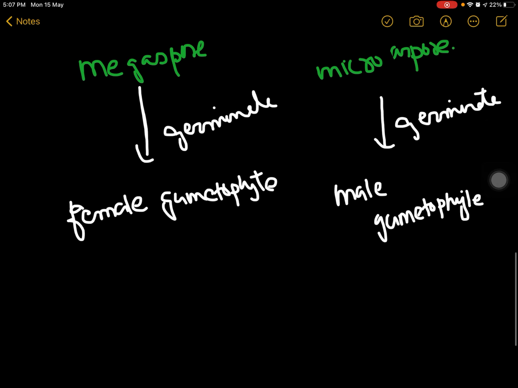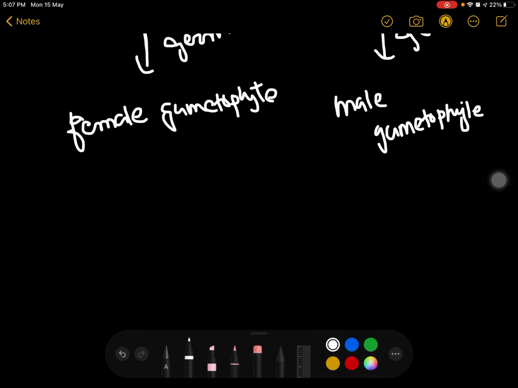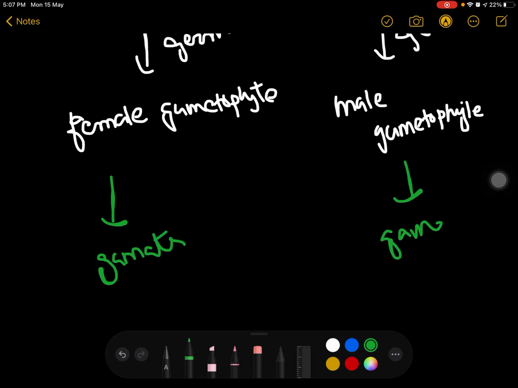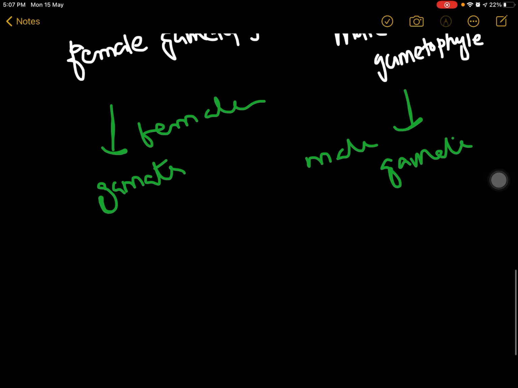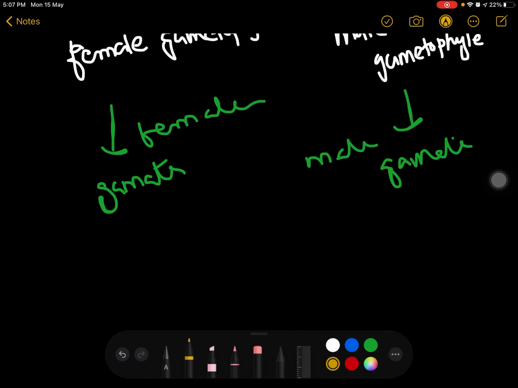Okay, after the gametophytes are produced, by the process of mitosis they will produce the gametes. It will produce the male gametes and the female gametes, right? Now the male gametes are obviously flagellated.